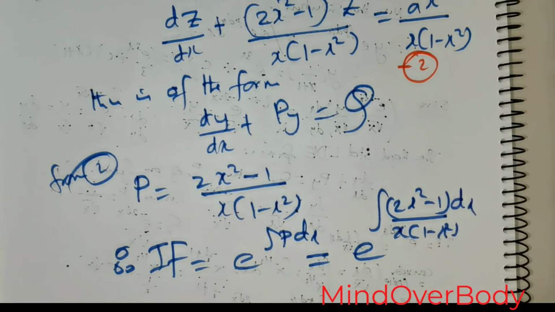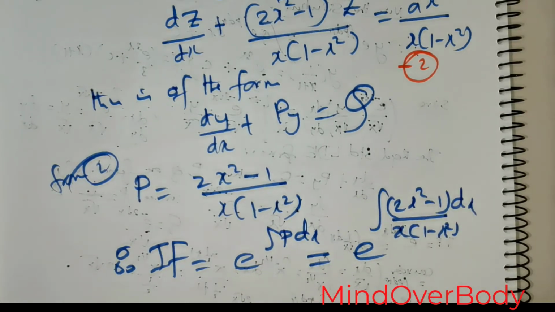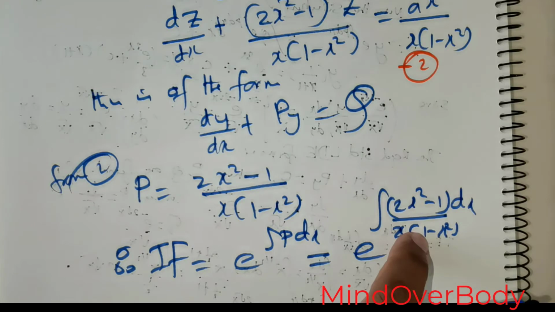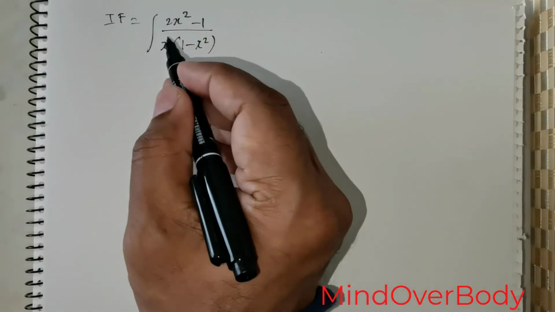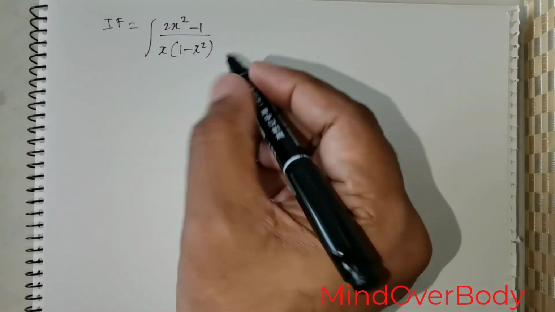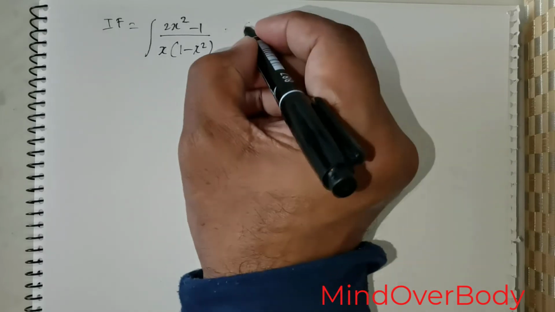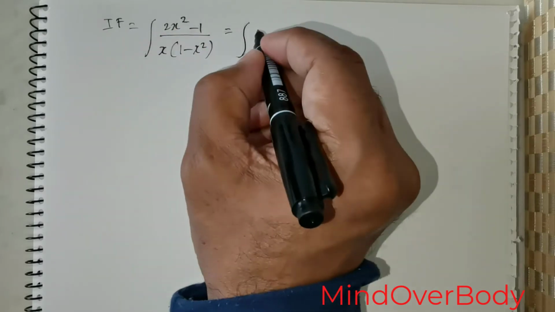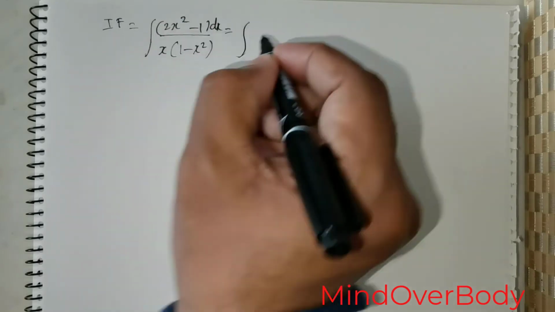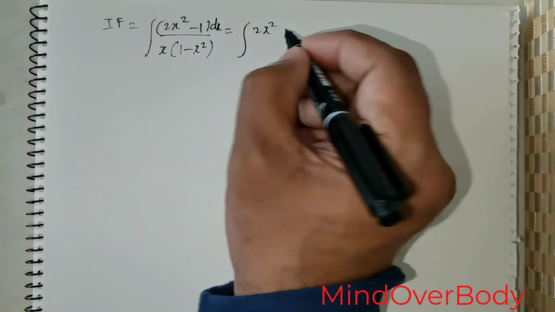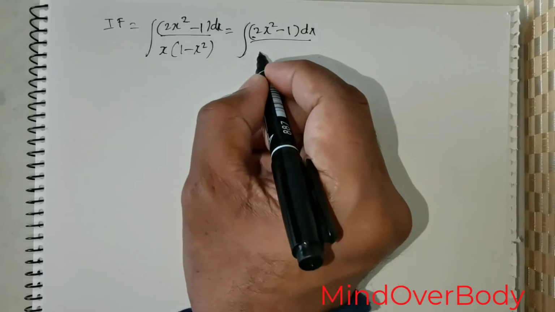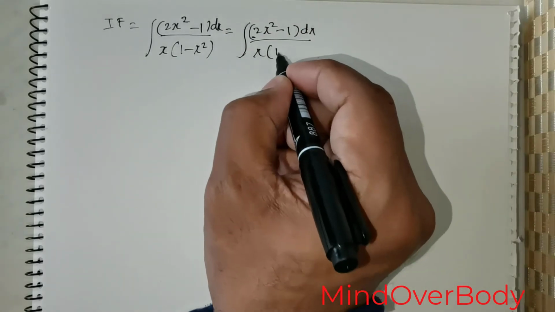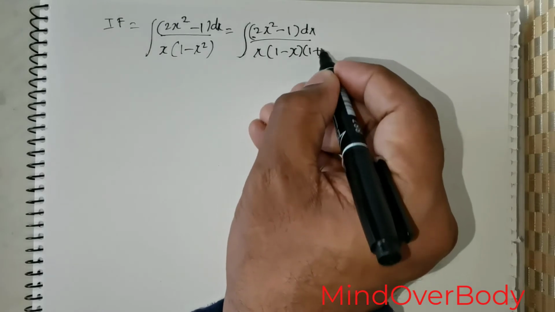So I need to integrate this, and to do that we need to adopt some techniques of partial fractions. I'm just going to take this first and integrate it. I'm rewriting this as (2x² − 1) dx divided by x(1 − x²), and I can write 1 − x² as (1 − x)(1 + x).